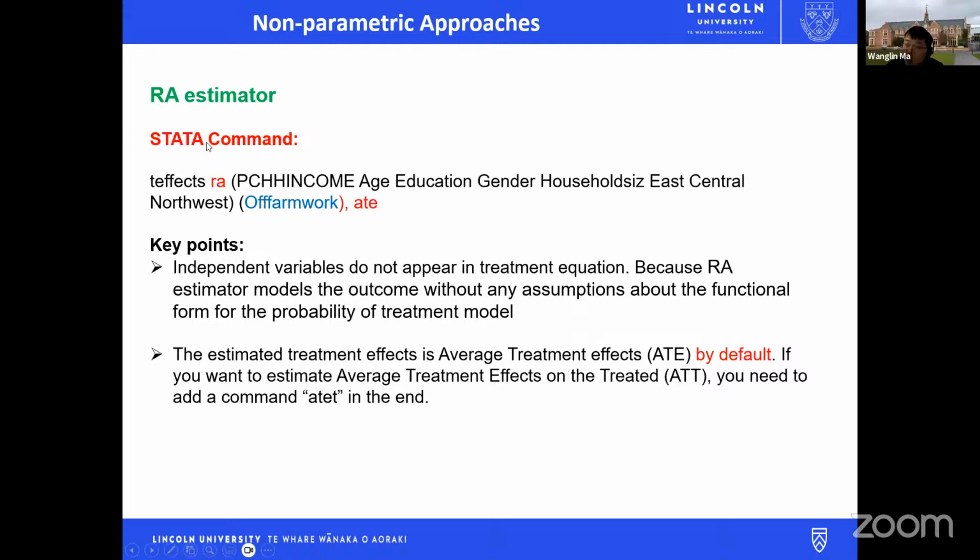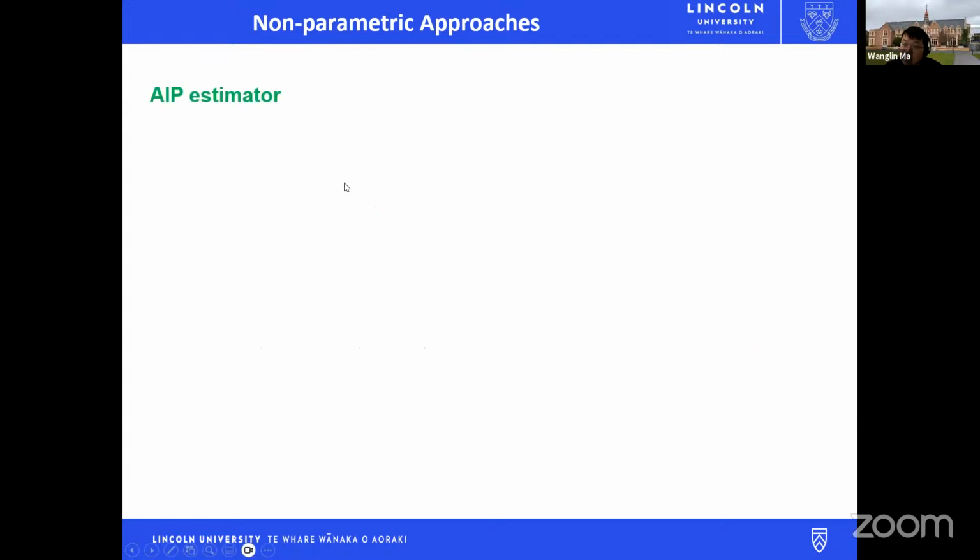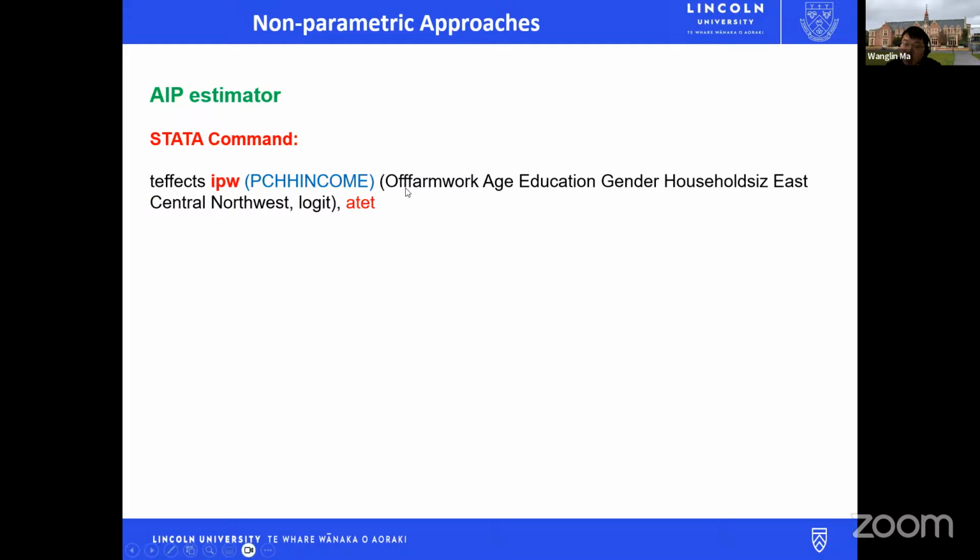In RA, we include the control variables in the outcome equation. And in the IPW estimator, we include the control variables only in the treatment model. Did you see the differences? Yes.